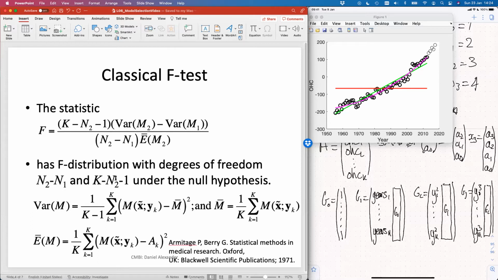What exactly does that mean? It means that if that null hypothesis is true and the variances of these two distributions are the same, or the models are equivalent, then if we were to repeatedly gather separate data sets, fit our models, compute the residuals, and then compute this F statistic, it would follow this particular F distribution.